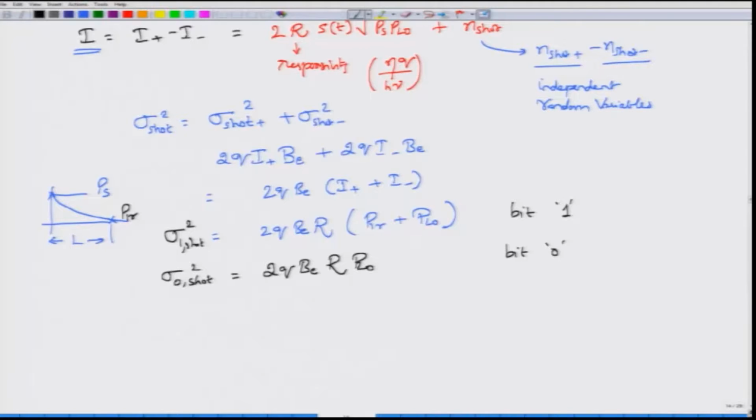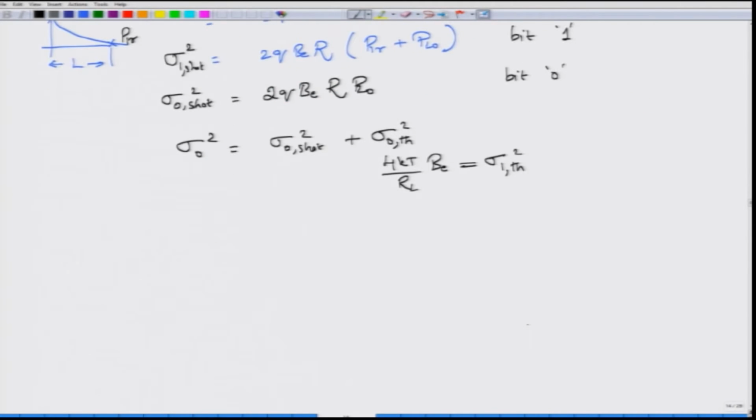The thermal noises are independent of the optical power, but if you are looking at the total noise sigma 0 square, this would be the shot noise that we have just written down, plus the thermal noise, which has a spectral density of 4kT by RL multiplied by the total bandwidth that you are looking at, which is equal to BE. So this would be the thermal noise, which is also the same as the thermal noise for bit 1.